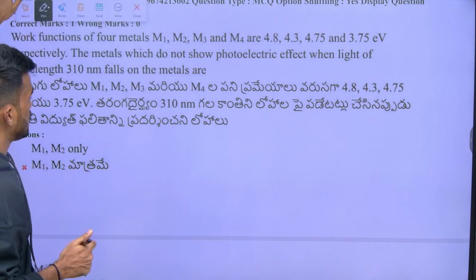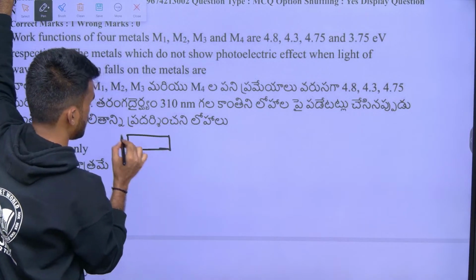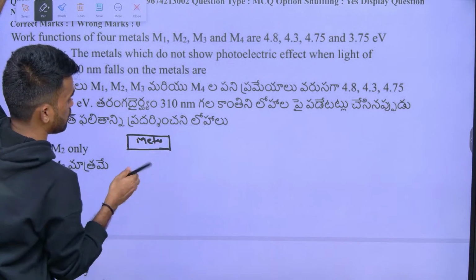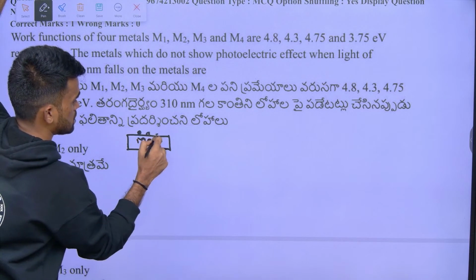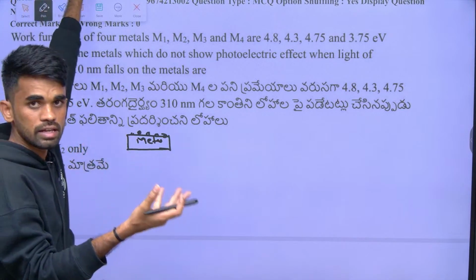If we take a metal surface, let us understand the photoelectric effect. Let's have some basic idea. This is a metal surface, and on the atoms of the metal, electrons will be present, right?